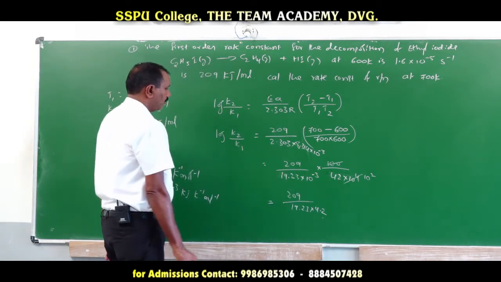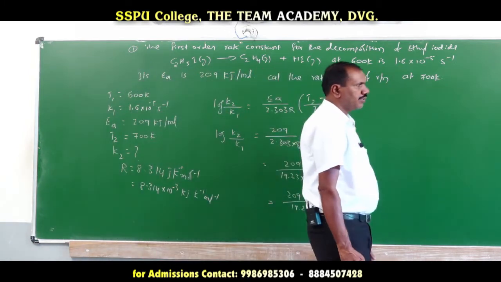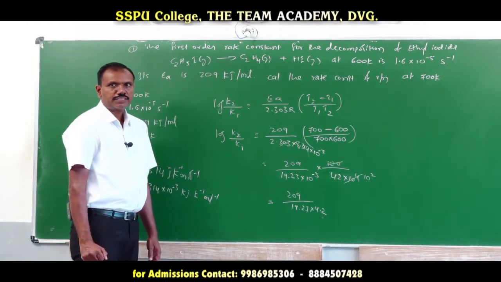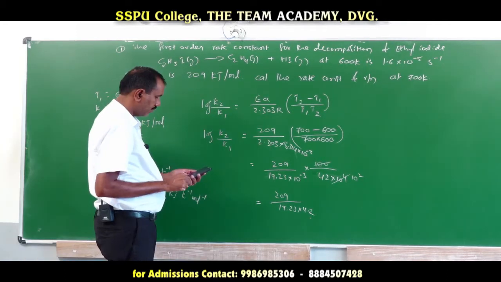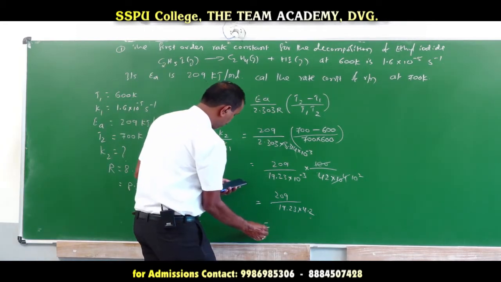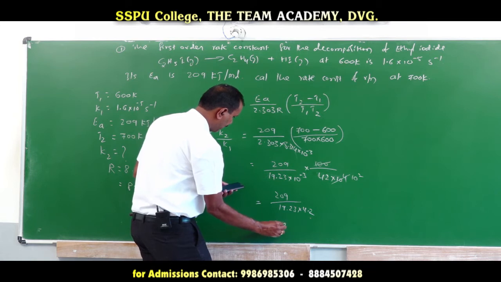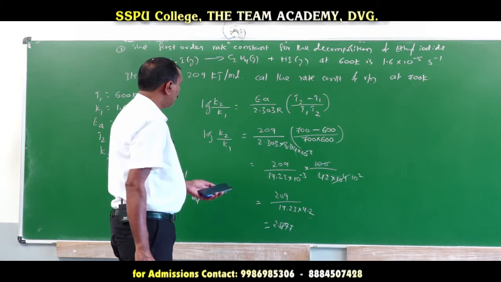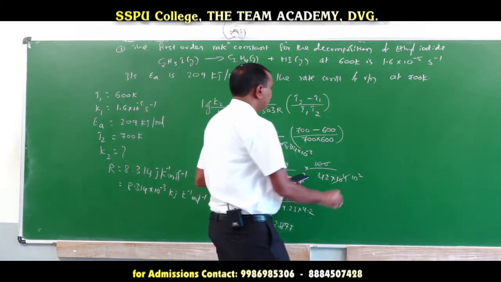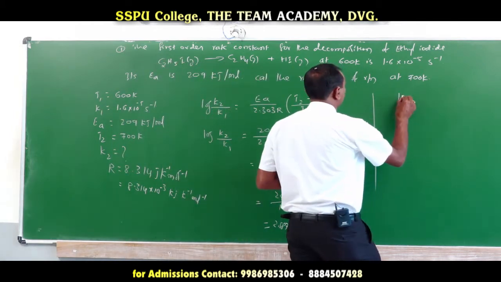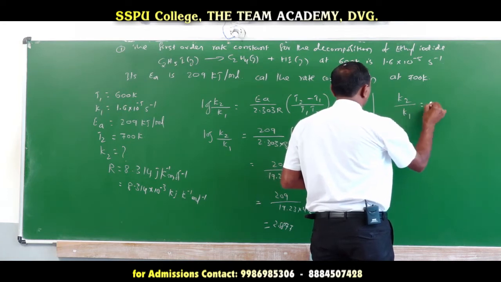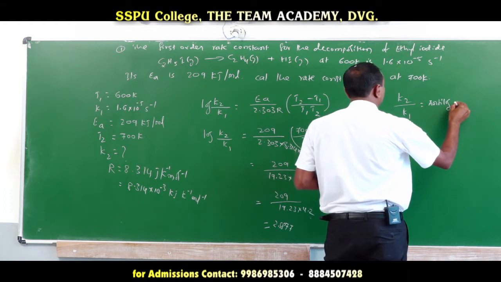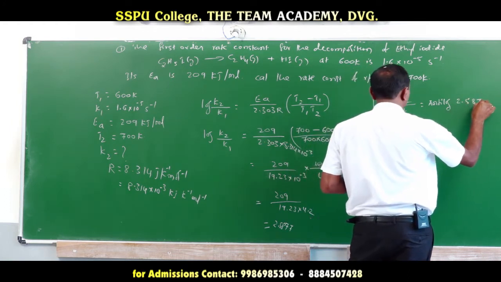So this value becomes 2.5877. Log K2 by K1 value is that much. Then K2 by K1 is equal to the anti-log of 2.5877.